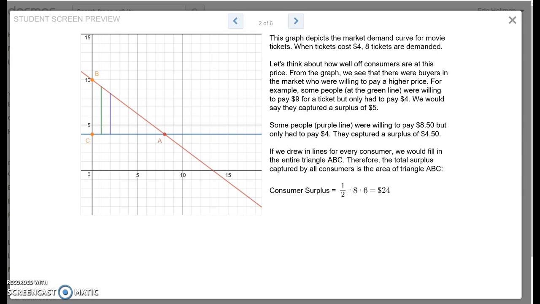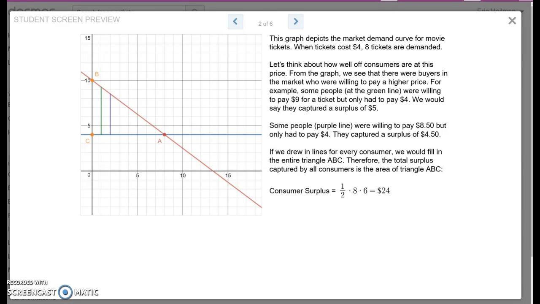Okay, so what we're going to be looking at in this presentation is a measure of how well off consumers are. This concept in economics is called consumer surplus. If you think about a market demand curve, what it's showing is that over here, there are some people in the market that are willing to pay almost $10 for tickets. I think this demand curve is movie tickets.